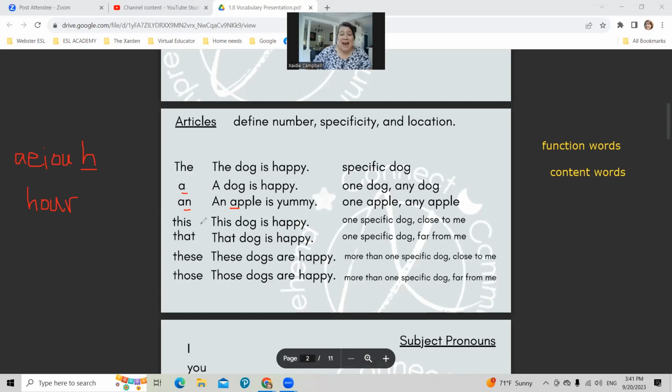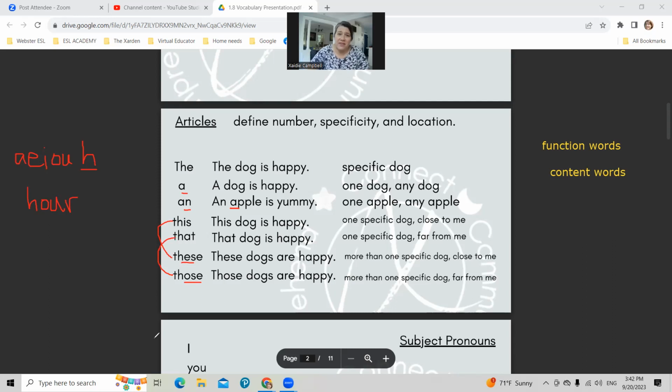This dog is happy, or that dog is happy. It's one dog. This dog is close to me. That dog, far away. Okay? These and those are plural for this and that. So these, plural for this.